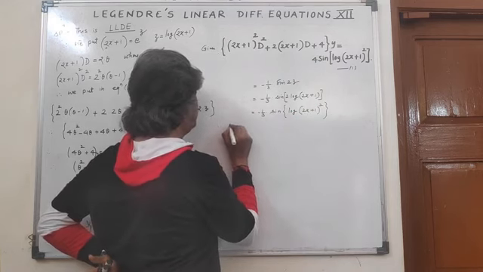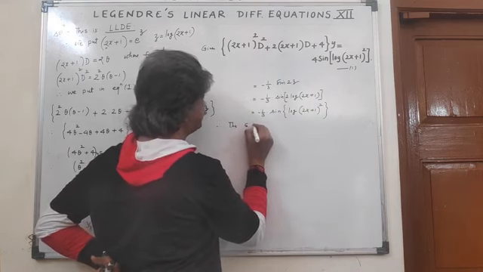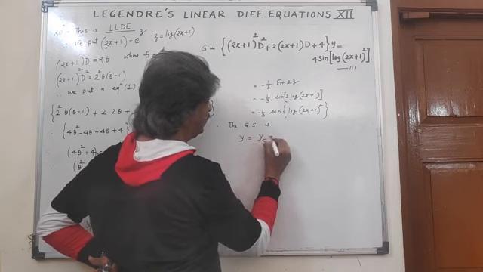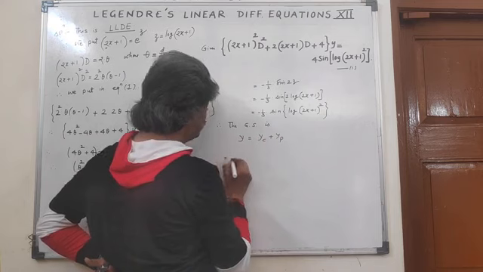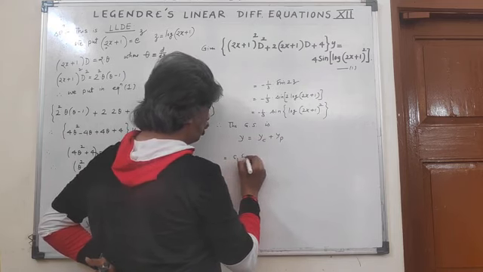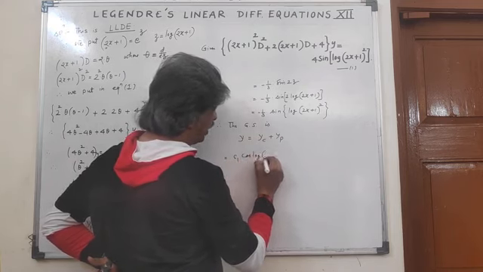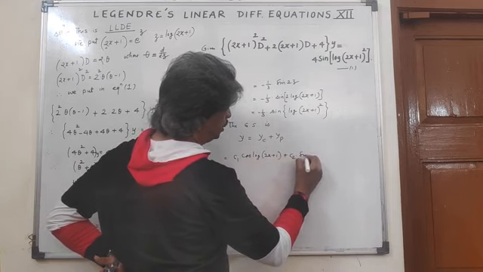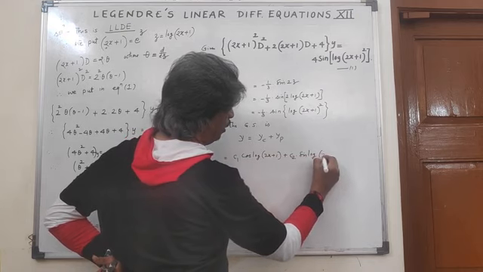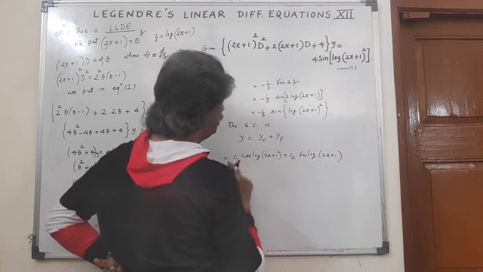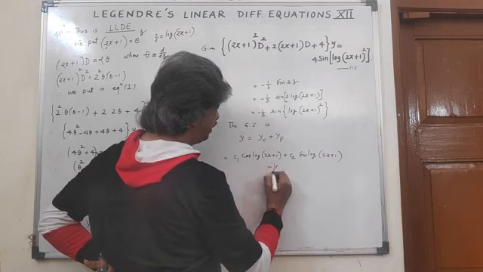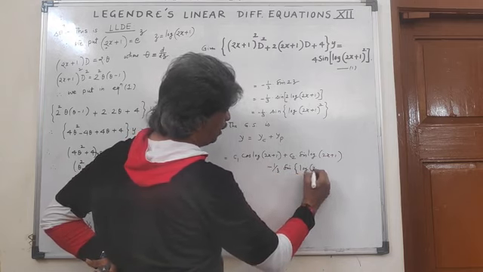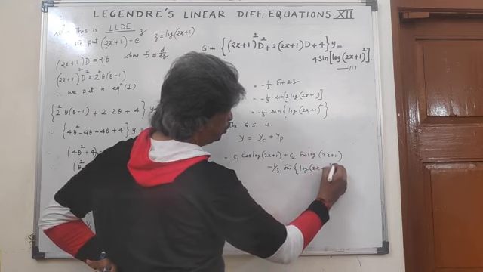Therefore, the general solution is y, represented by yc plus yp. Yc we have seen: C1 cos of log of twice x plus 1 plus C2 sin of log of twice x plus 1, whereas yp is minus 1 by 3 sin of log of 2x plus 1 whole square.